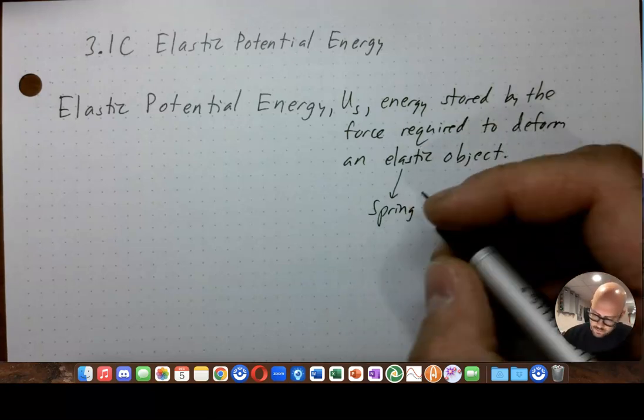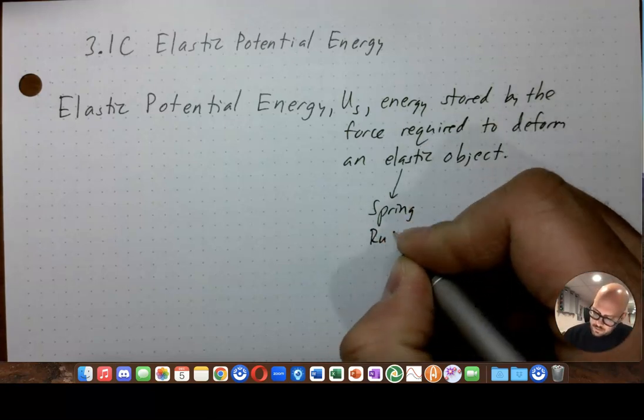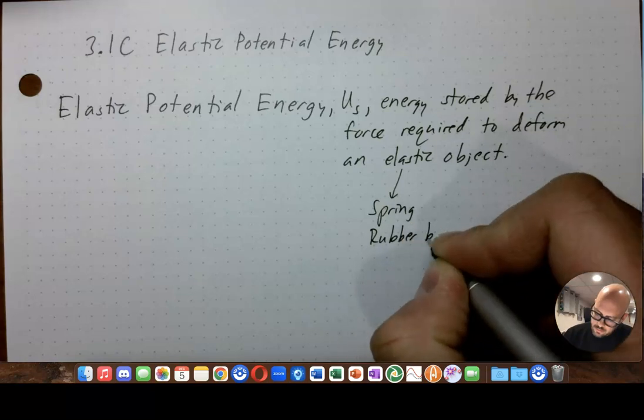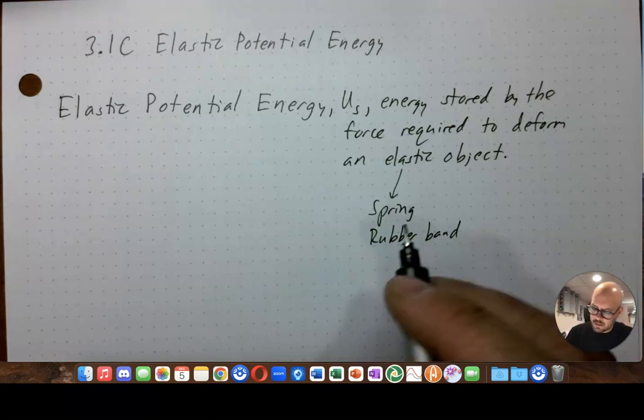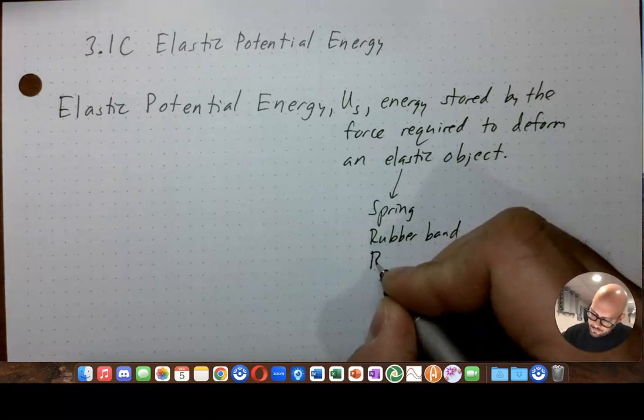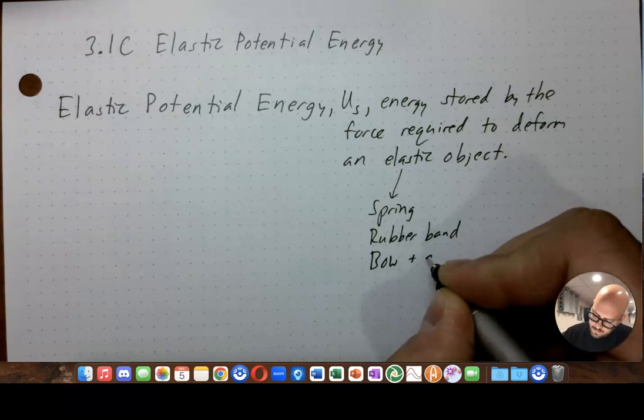The ones that I use are rubber band, especially because you can hold it on your thumb, you can pull it back and let go, and it flies across the room. That's a good thought experiment for types of energy. And then a bow and arrow is a good one.